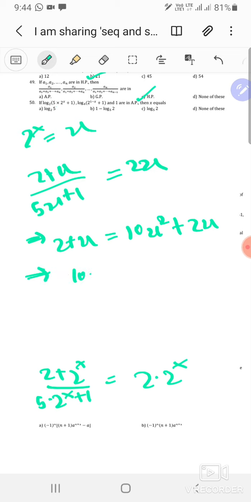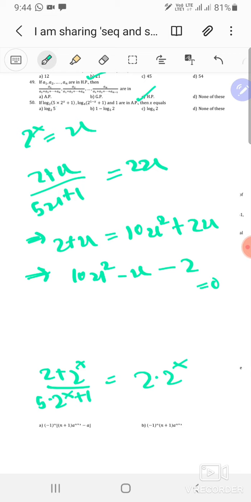So that gives me 10u squared minus u. This is supposed to be 5u over there. Yeah, we are going correct on this, I think. Right, so minus u, and then you have minus 2 over there, that has to be equal to 0.